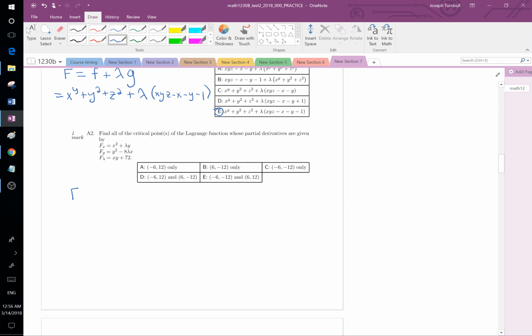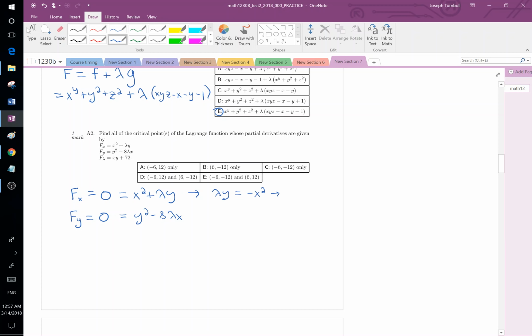The easiest way to solve one like this is to take the first two, the fx and the fy derivative, set them both to 0, and simultaneously solve them. So x squared plus lambda y is 0, and y squared minus 8 lambda x is 0. In the first equation, I'm going to isolate it for lambda. So lambda y is equal to negative x squared.